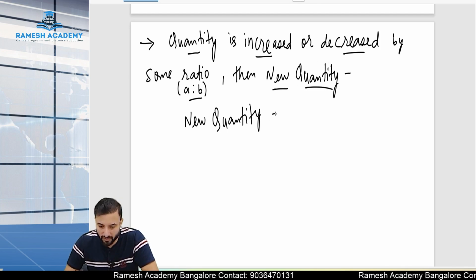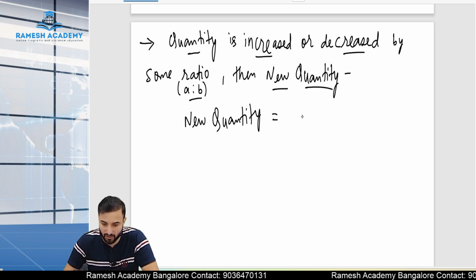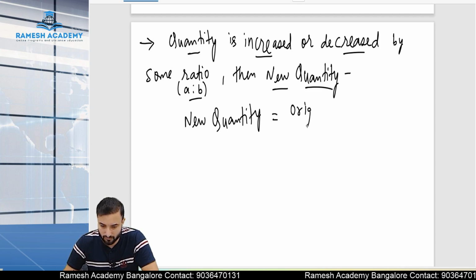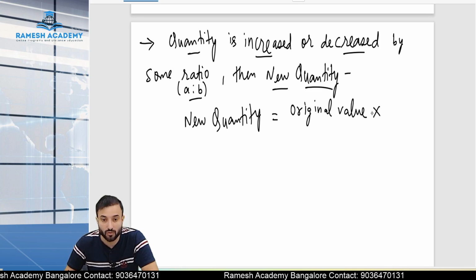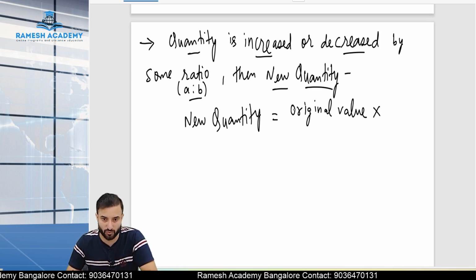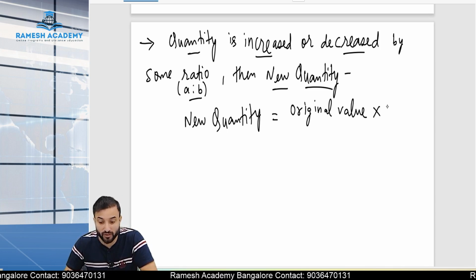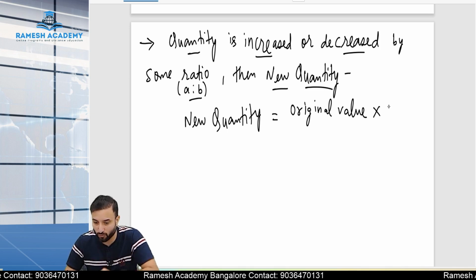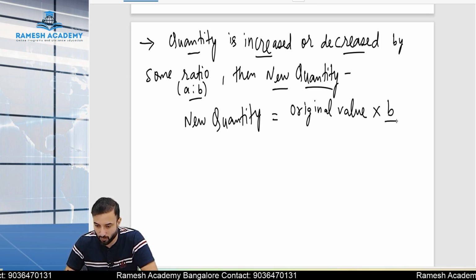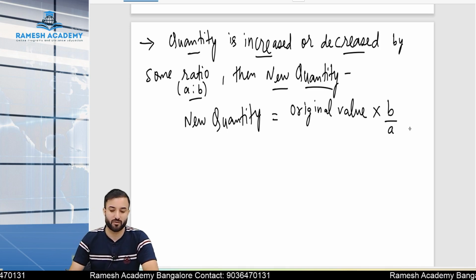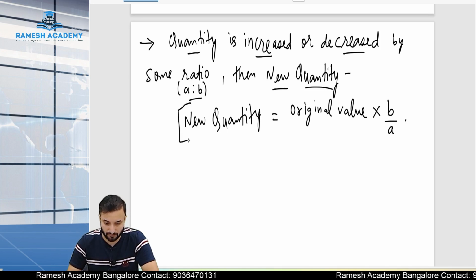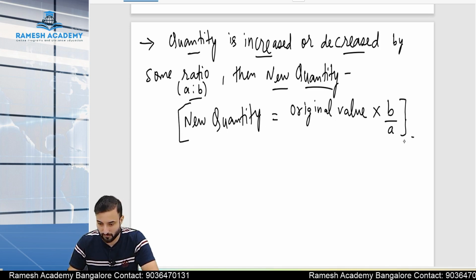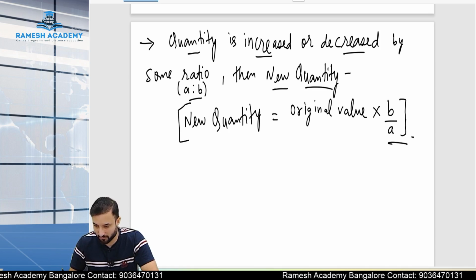So the new quantity formula is: original value into the inverse of the ratio. Ratio is A is to B, it will become B by A. That's it, into B by A. This is the formula.